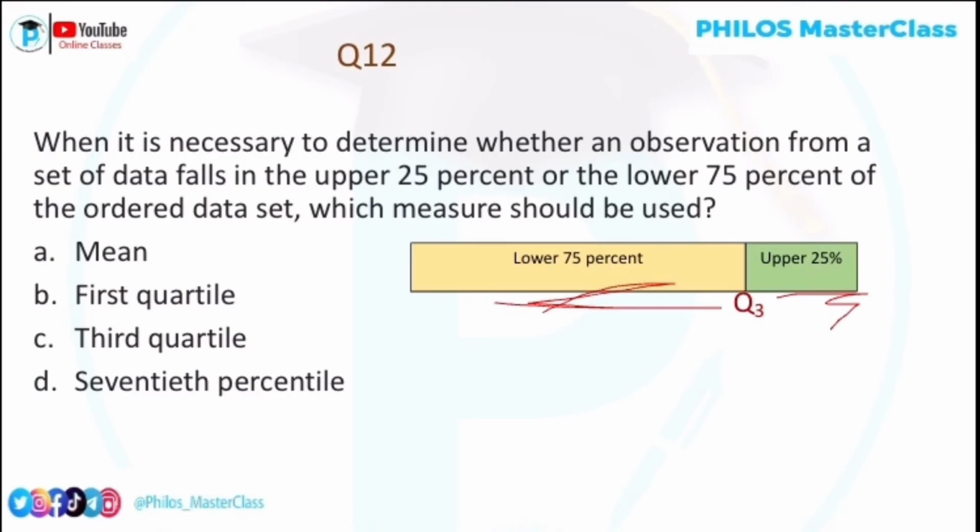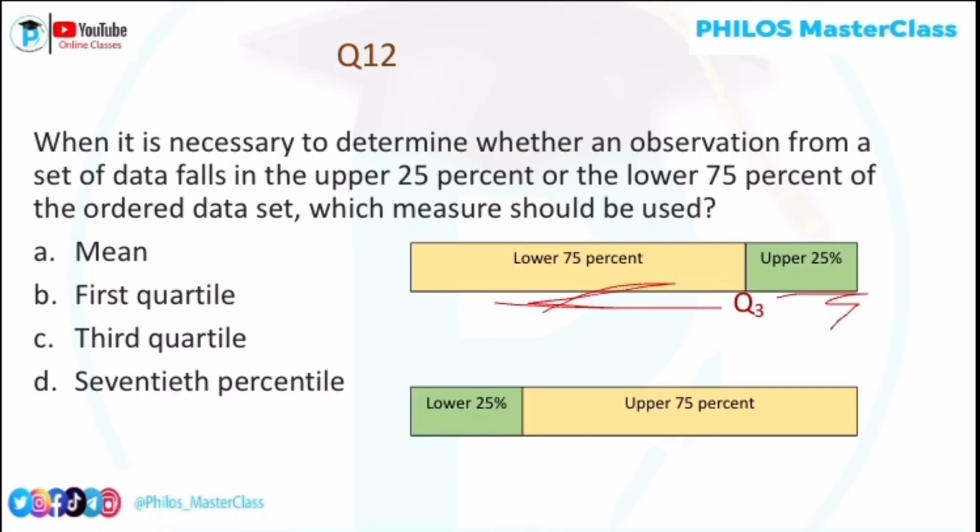Now, let me show you another box. This, for instance, you see that the 25% is lower. Lower means your left. Upper means your right. Okay, so you have 75% right and 25% left, which is lower. So for the line over here, you need to find first quartile to know that. To determine whether an observation falls in the upper 25% or the lower 75%, you need to find a third quartile.